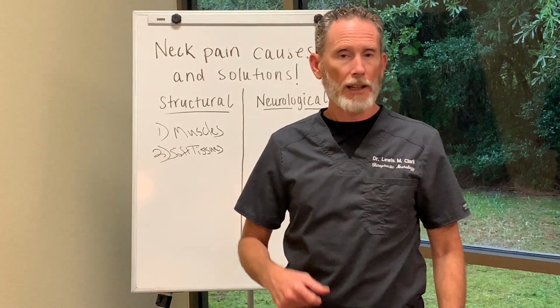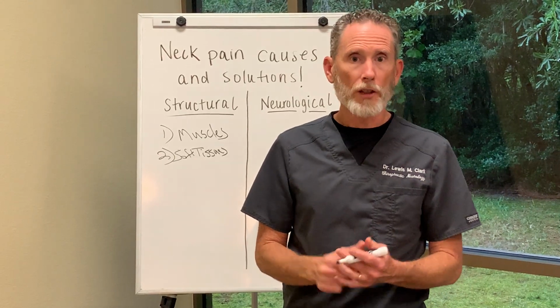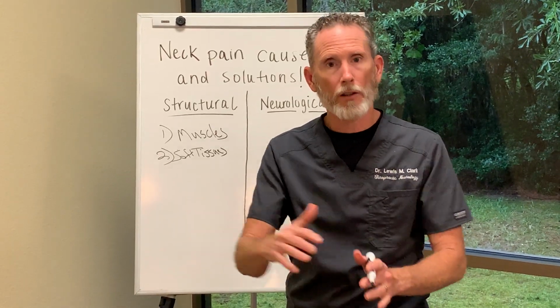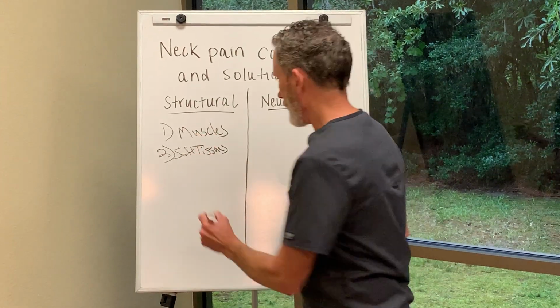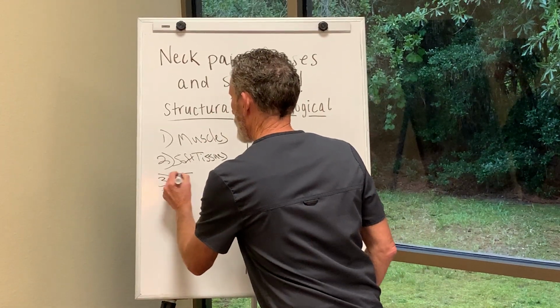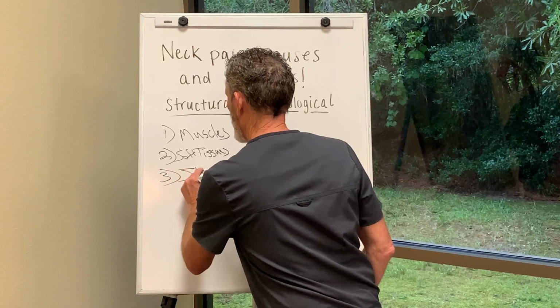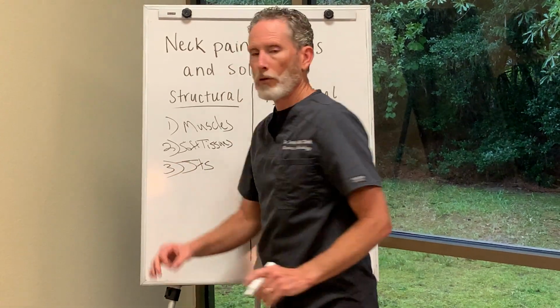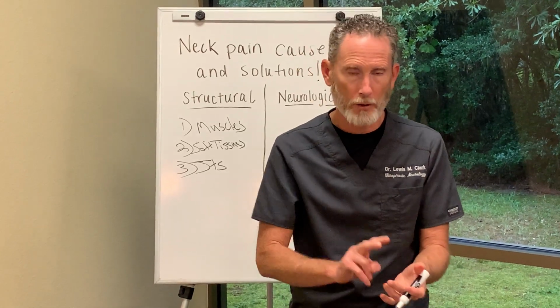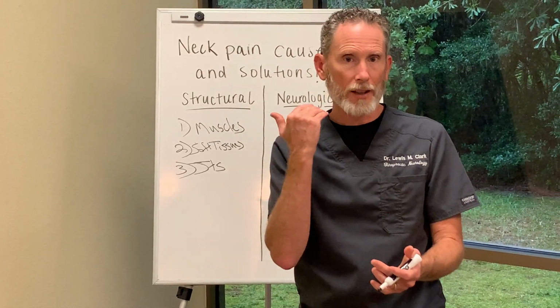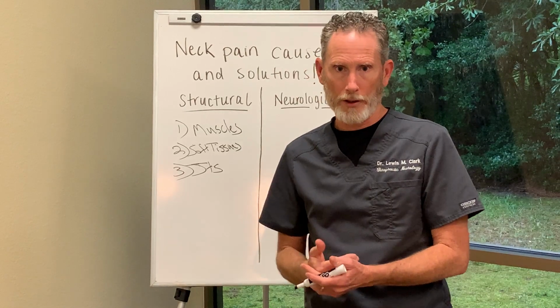Yes, you can. And by the way, those can either cause pain in themselves or affect nerves and lead to pain. And then the third one here on this side is the joints themselves. So the spinal joints, and there are two different types of spinal joints we'll deal with: the facet joints and then also the uncovertebral joints, okay?